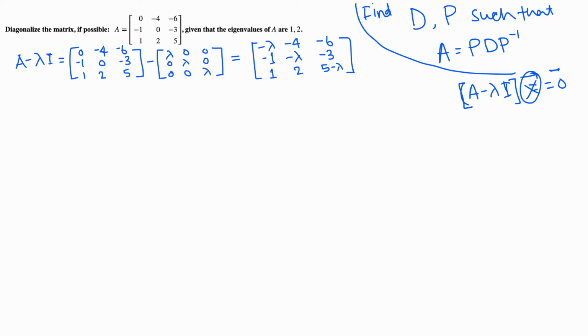Okay, so here for lambda equals 1, we just use this. We got here A minus lambda I matrix x equals 0. So we solve this, and x here, because it's a 3 by 3 matrix, is a vector like this.